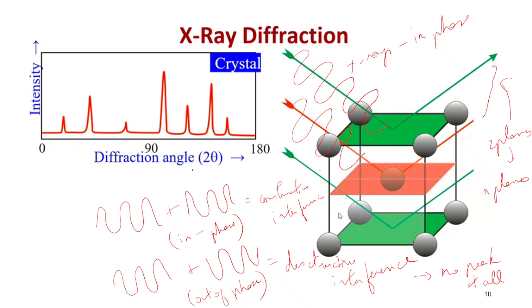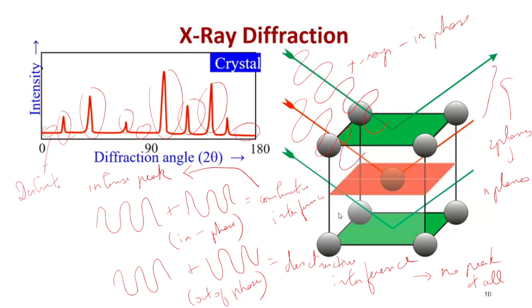In constructive interference, we get an intense peak. Here we can see a refined XRD image. All these peaks are due to constructive interference, and all these trough-like areas, flat lines, are due to destructive interference.